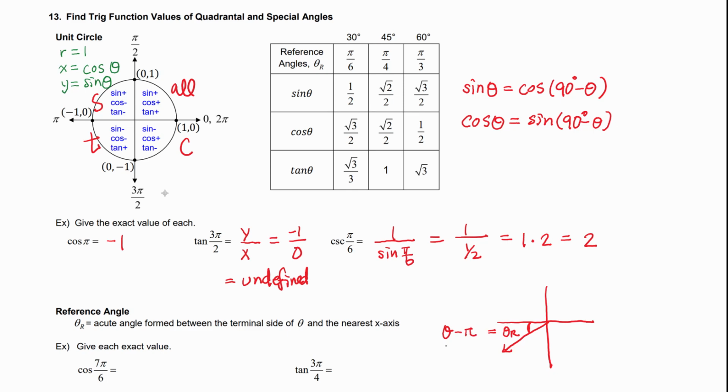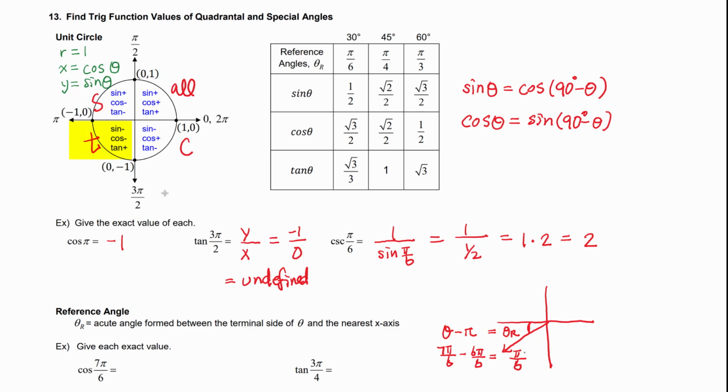Our theta is 7 pi over 6 minus pi, which is pi over 1, so you multiply by 6 over 6, you get 6 pi over 6, so you get pi over 6. So that's our theta r.